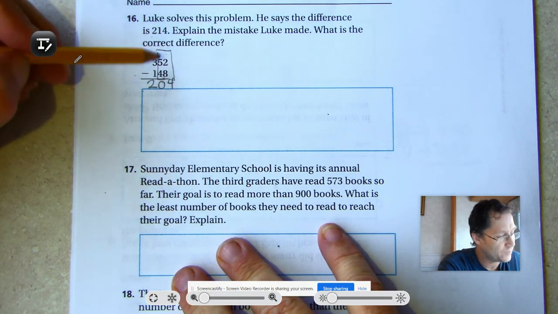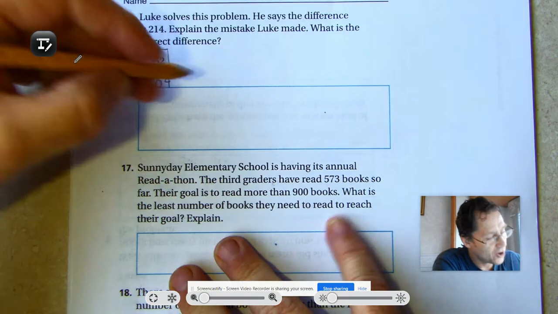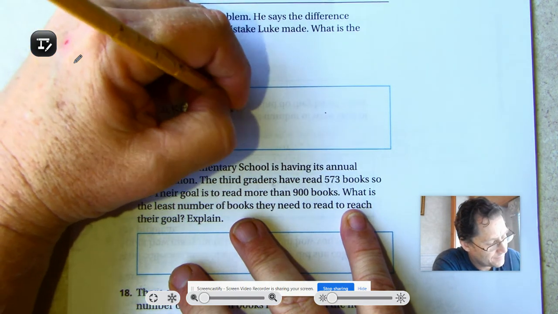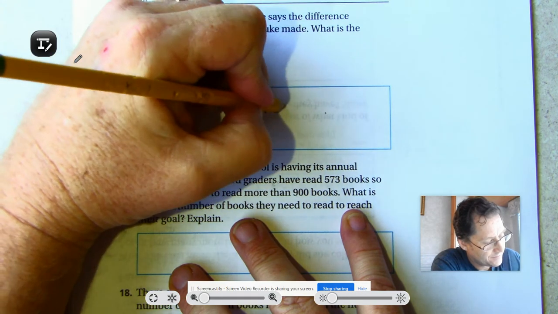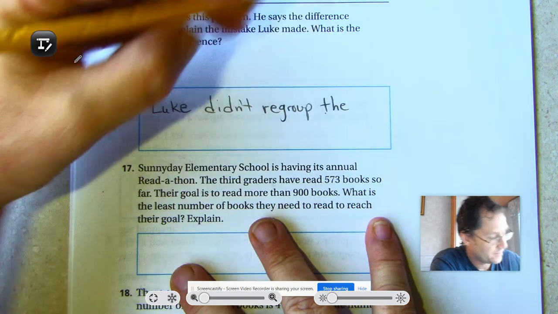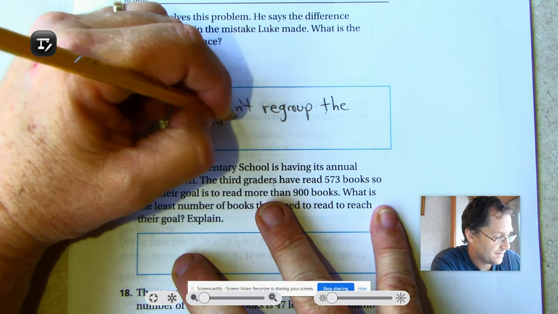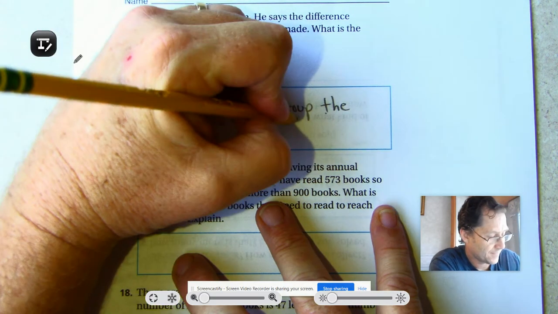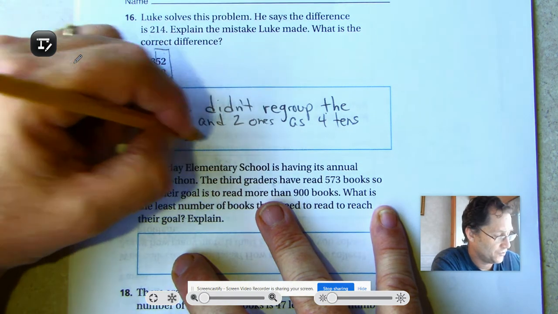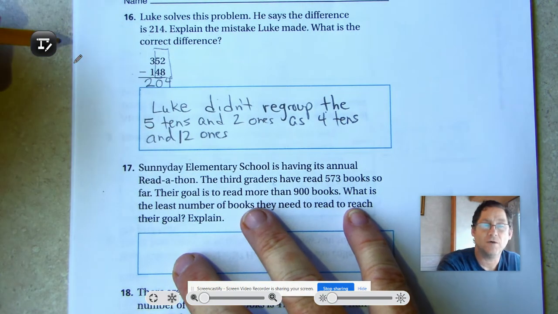Well, the only way to get 214 is to go 5 take away 4. So Luke didn't regroup the 5 tens and 2 ones as 4 tens and, sorry, 4 tens and 12 ones.